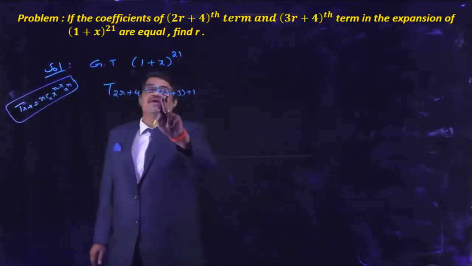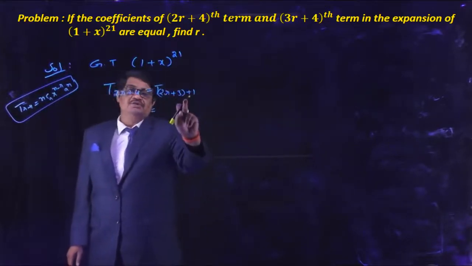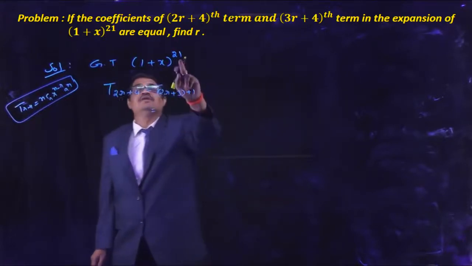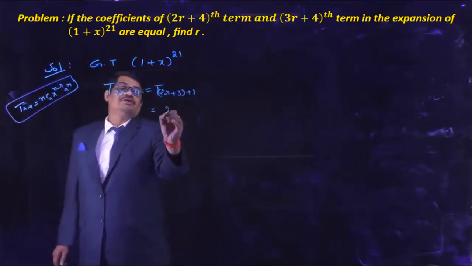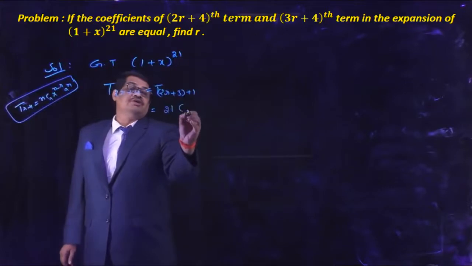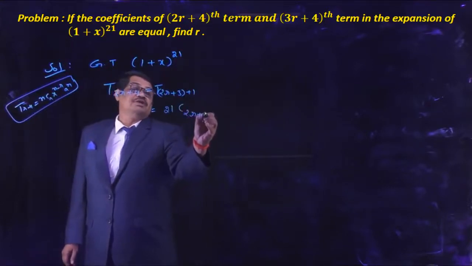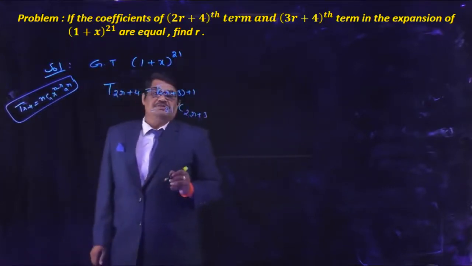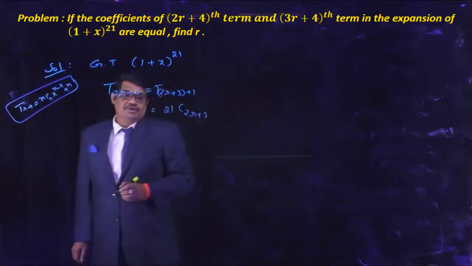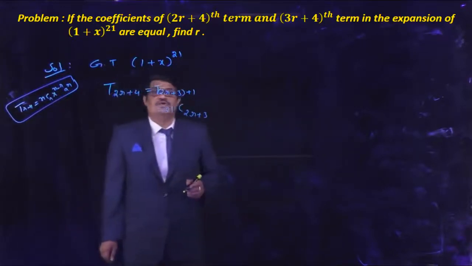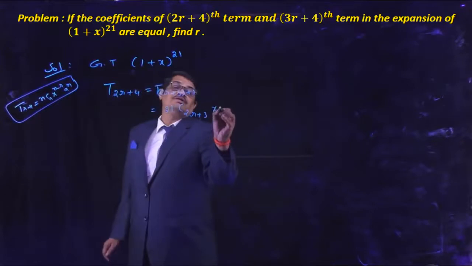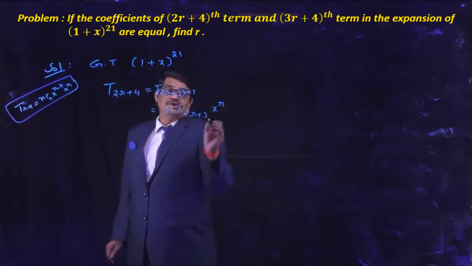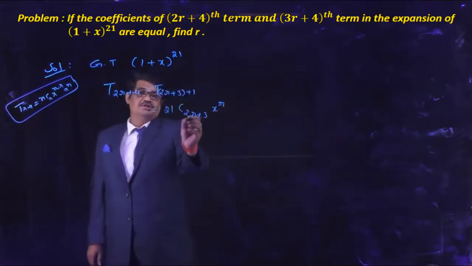Here we are writing r as 2r plus 3. What is n here? n is 21, that is 21C(2r plus 3) into x to the power of r. What is r here? That is 2r plus 3.